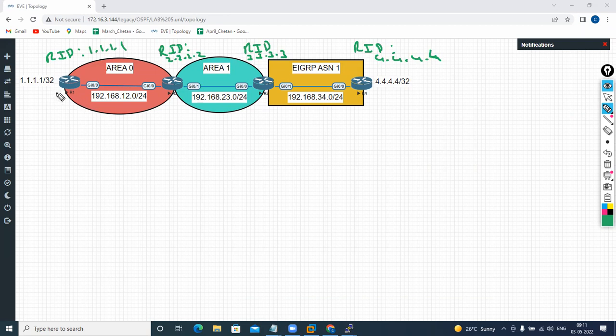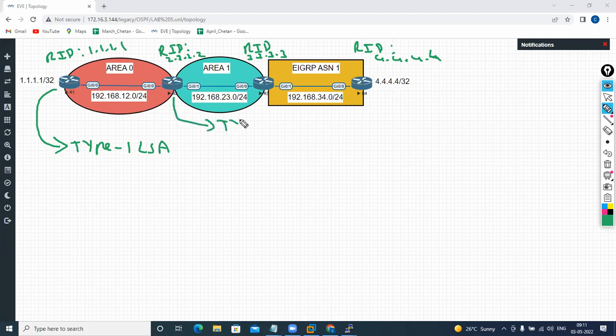So if we talk about R1, what type of LSA will it originate? Only type 1, or any other LSA? Only type 1. So what about R2?